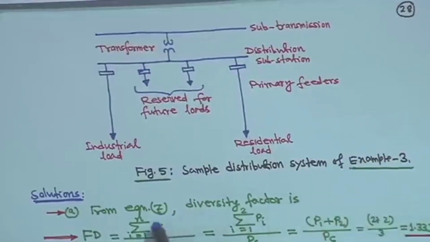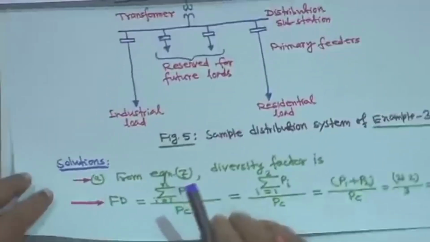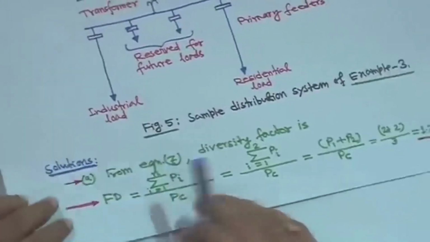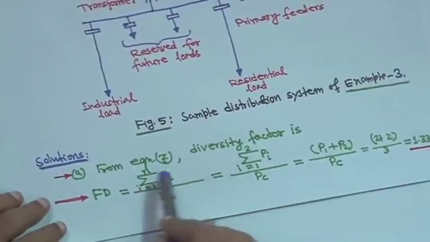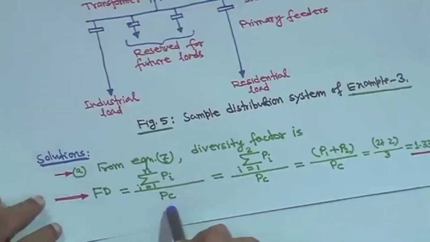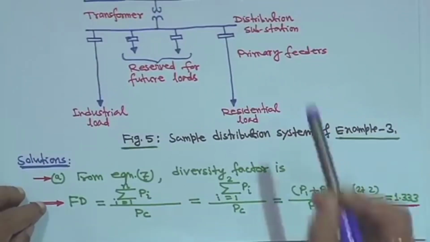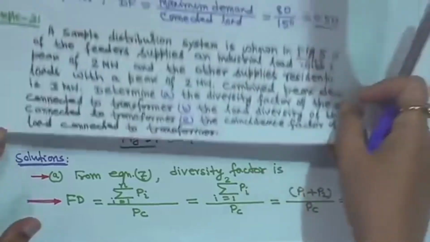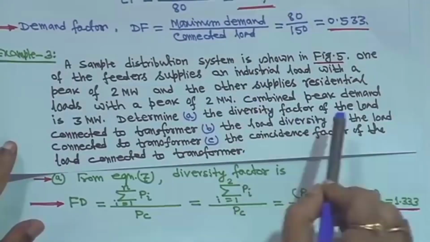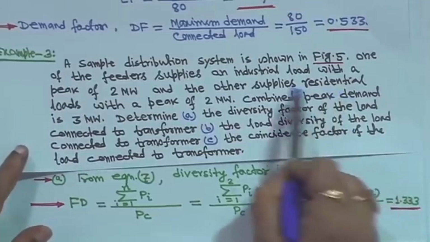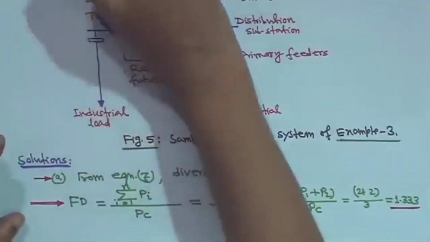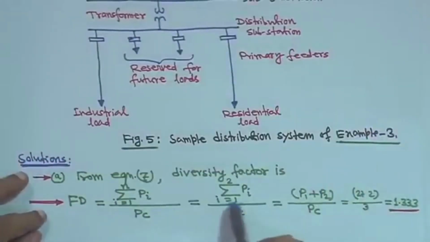Now, from equation 7, the diversity factor formula is FD equal to sigma i equal to 1 to n Pi upon Pc. But here you have two consumers, one industrial and another residential. So, n is equal to 2. So, i equal to 1 to 2 Pi by Pc, that is P1 plus P2 upon Pc.